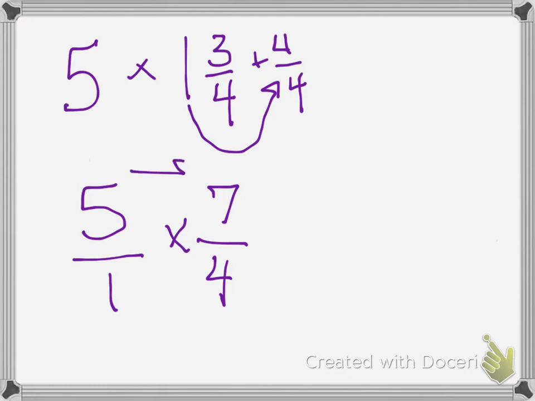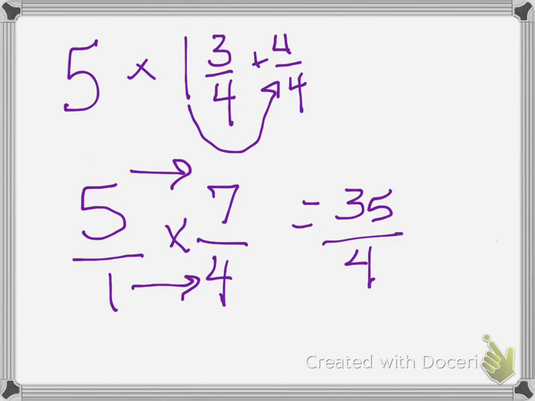I can then multiply my numerators. 5 times 7 is 35, all over my denominator. When I multiply my denominator of 1 times my denominator of 4, 1 times 4 is 4. I then need to simplify my improper fraction of 35/4.